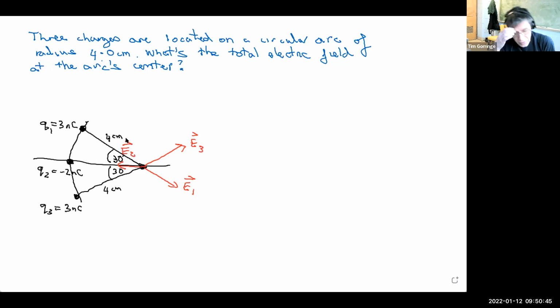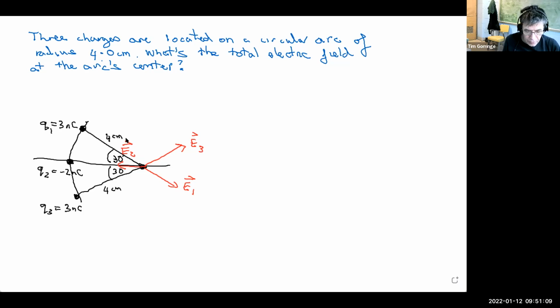Now I noticed a few things about that sketch. I'm sure you'll notice the same things. Firstly, I drew E2, the electric field of Q2, to be somewhat smaller than the electric fields E1 and E3.